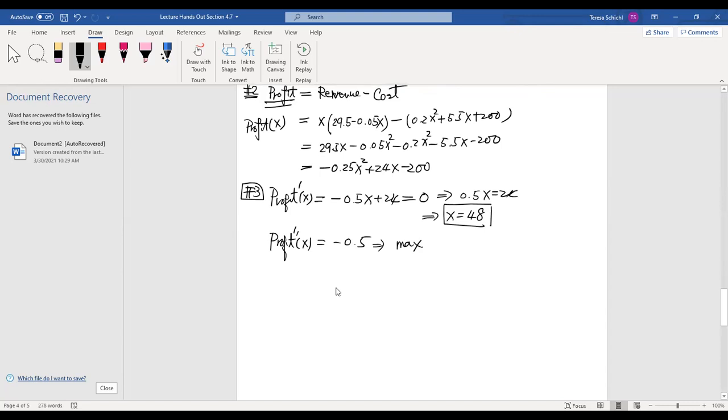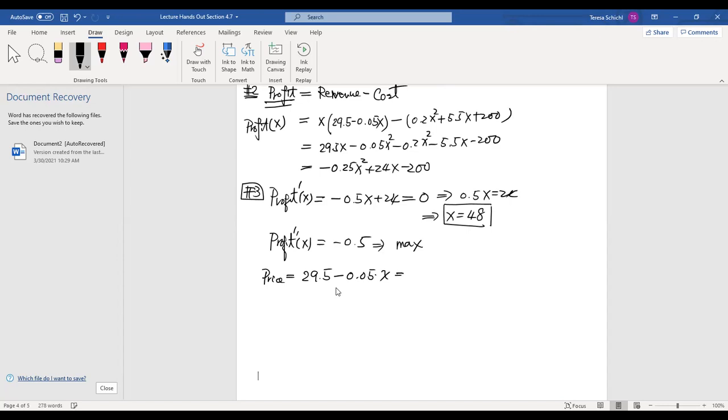Okay, so now I know x equals 48. That is how many liters. So the price per liter will be 29.5 minus 0.05 times x, right?